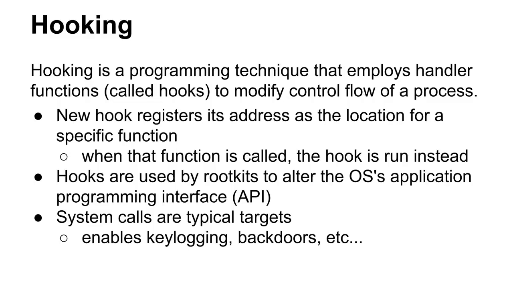Now, there are a wide number of ways to hook things other than the aforementioned example, and we're going to dive into this more when we get into the Windows section of this lecture. So, system calls, to wrap this part up, are a typical target for hooking, and it enables easy keylogging and backdoors.